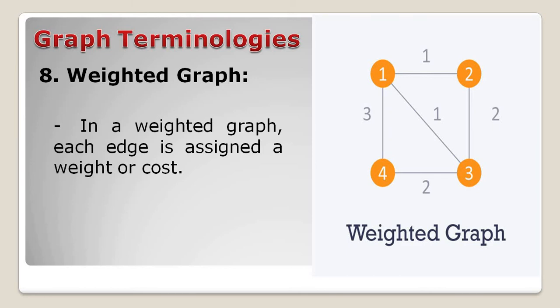If we want to go from vertex 1 to 3, you can take one of the following 3 paths: we can go directly from 1 to 3, or we can go from 1, 4, 3. For each and every edge we assign some weight or value, and that is what we call a weighted graph.